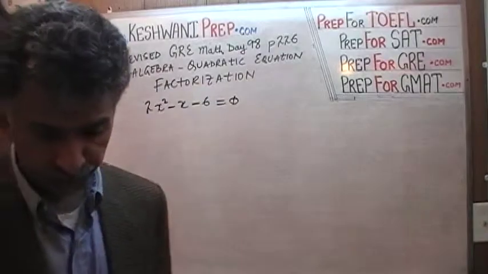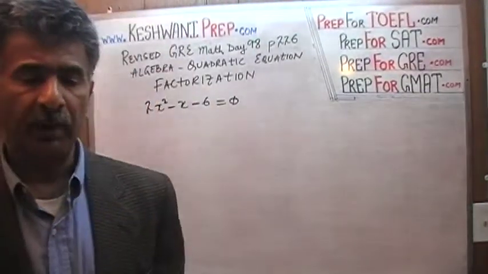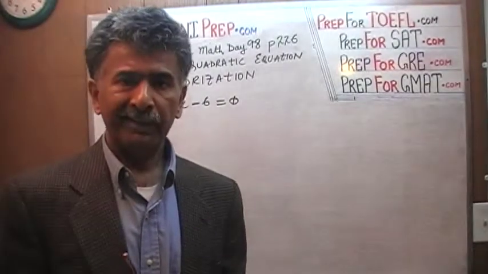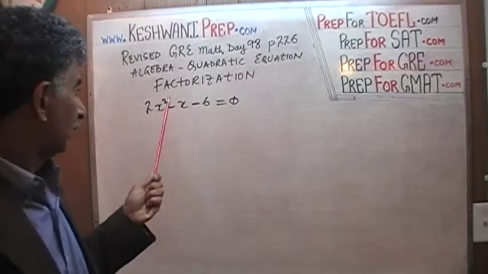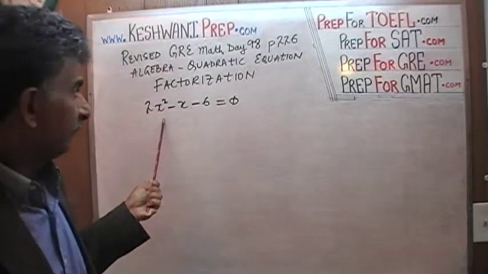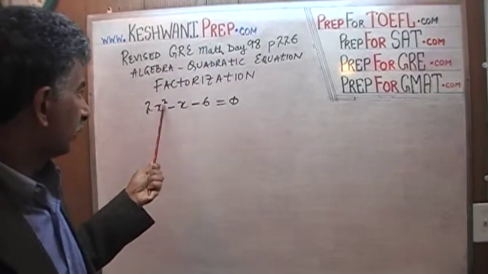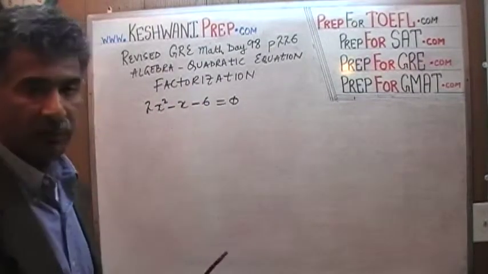Now listen carefully, please. There are two methods that you can employ to figure out what values of x will satisfy this equation. And I say values because it has a second power, x squared. Because it has a second power, it is called a quadratic equation, and there are going to be two values of x that will satisfy this equation.